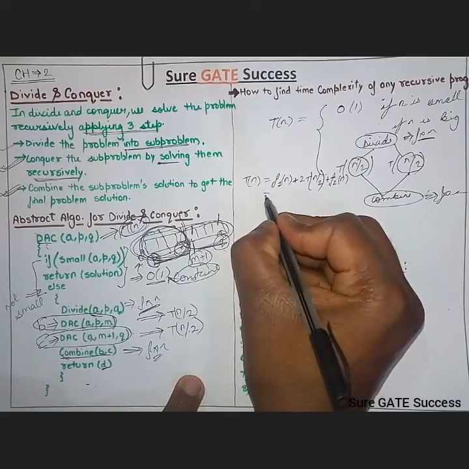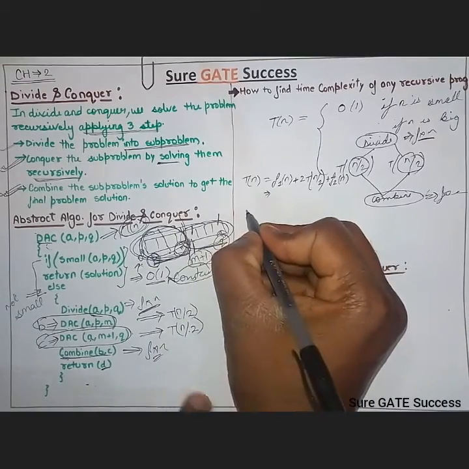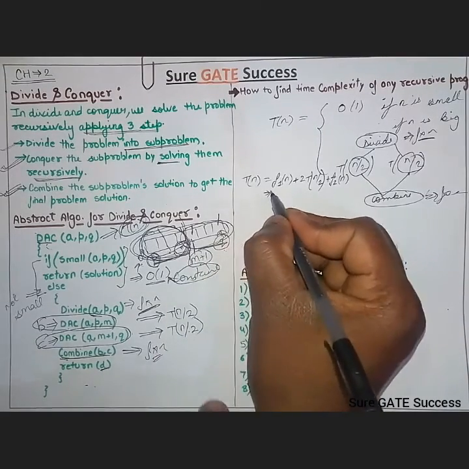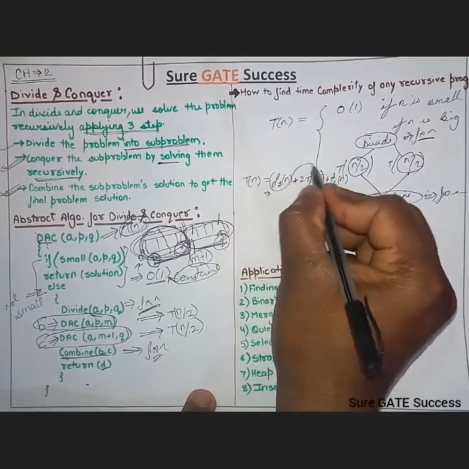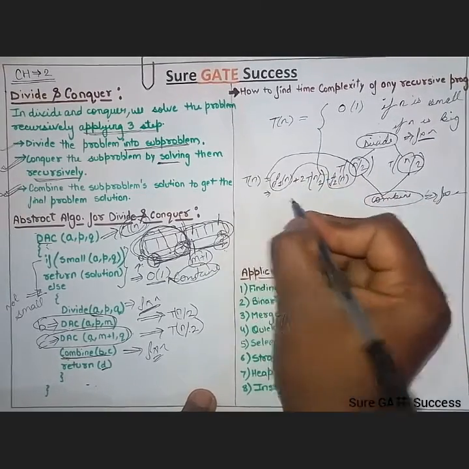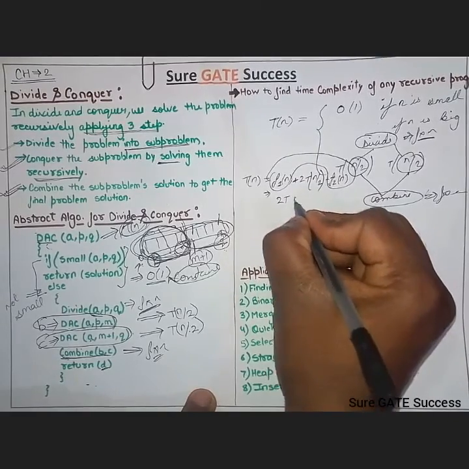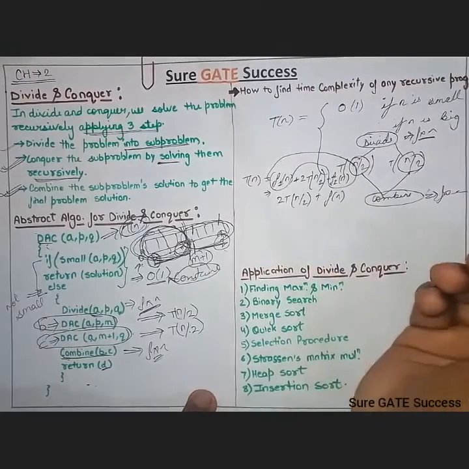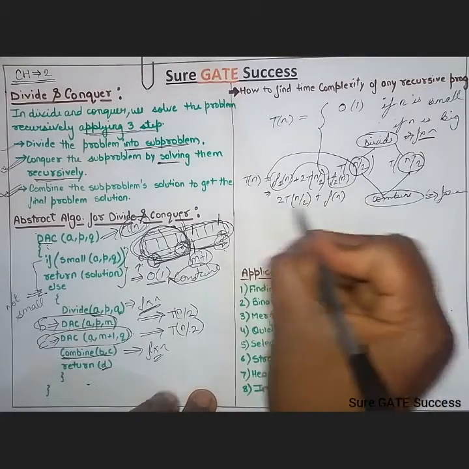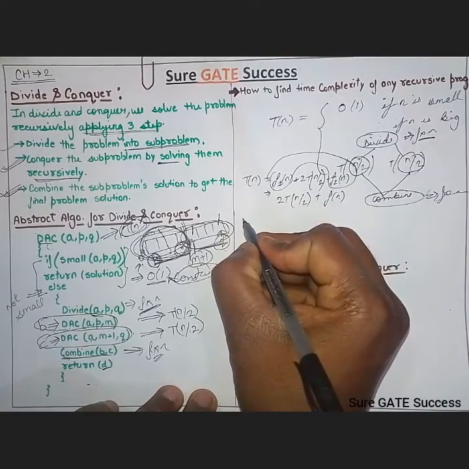So these are two functions; we can take them separately. Let's take it as 2Tn by 2 plus any function of n.